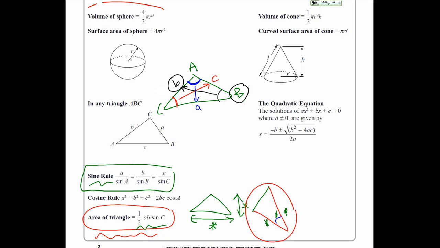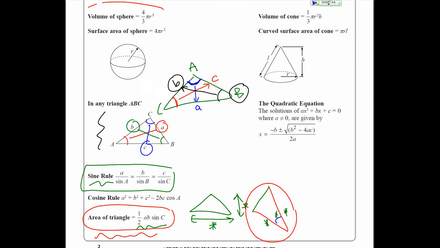So this is what you've got labelled up here. So remember, a and the sine of the opposite angle A is the same ratio to b and the opposite angle, and to c and the opposite angle. Okay, so that's the sine rule, which we will also need in this question.